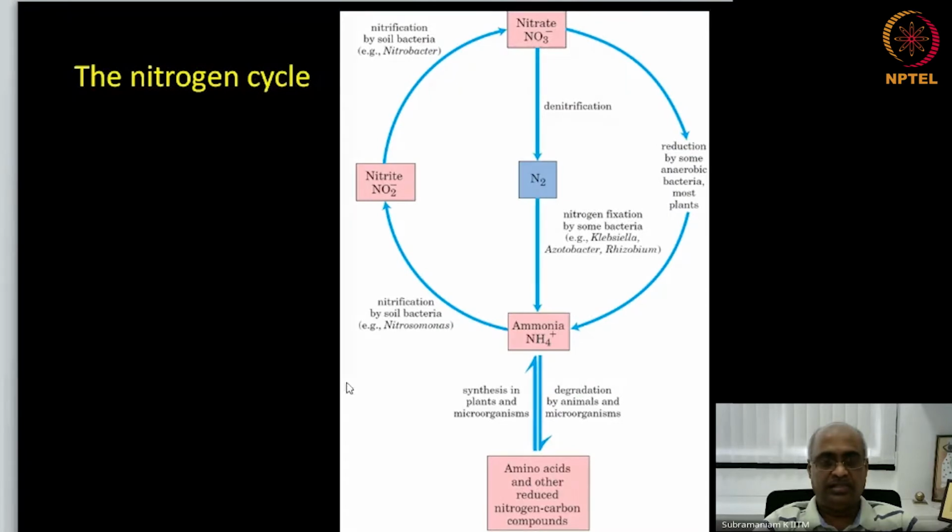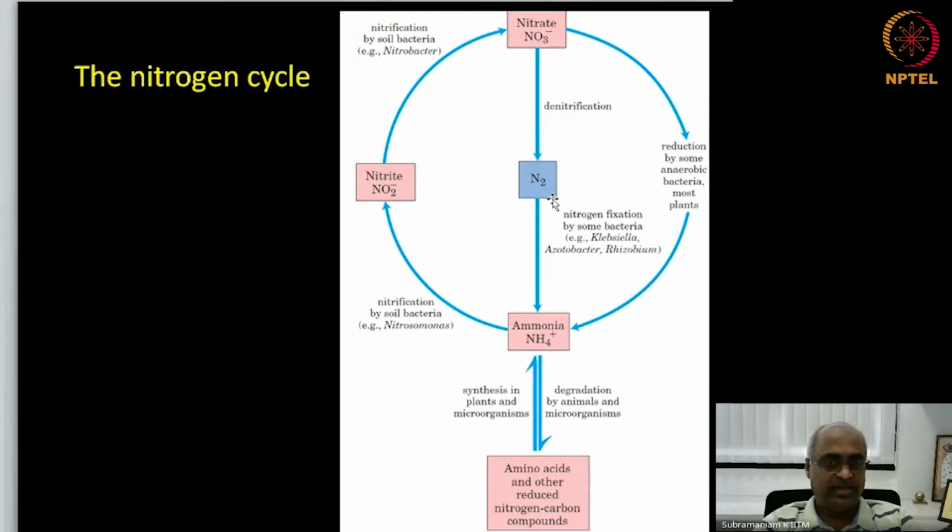This slide we are already familiar with. We have looked at it earlier, so just for a quick refresher. Bulk of the nitrogen exists as free nitrogen molecule in the atmosphere. These two nitrogen atoms are triple bonded, a highly stable and inert gas.